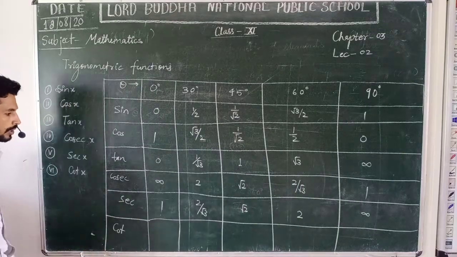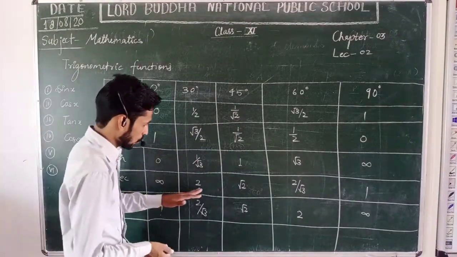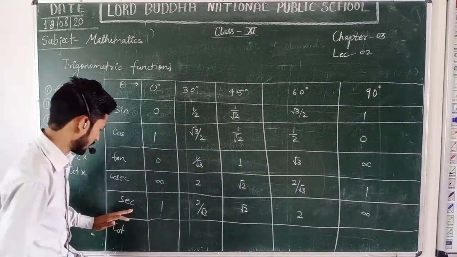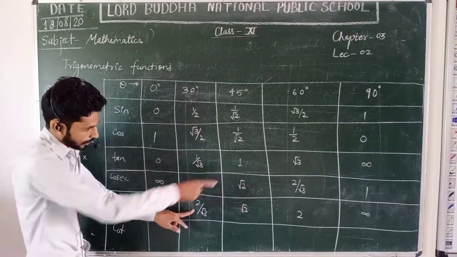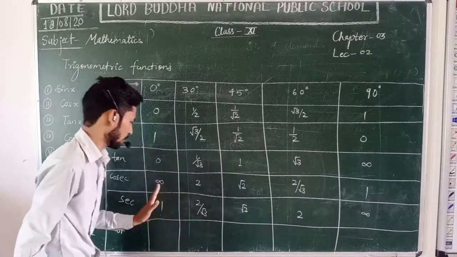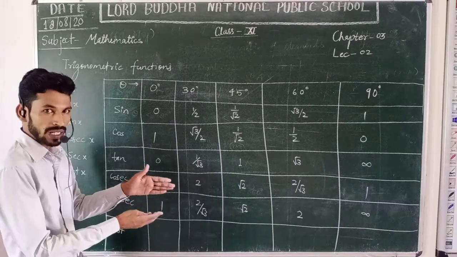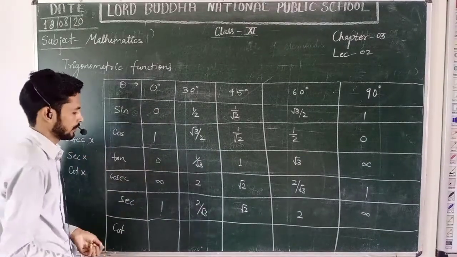Okay, so you can check here also cosec and sec. Here: infinity, 2, under root 2, 2 by root 3, and 1. But for sec: 1, 2 by root 3, under root 2, 2, and infinite. Okay, so there is a mutual relationship between cosec, sec and all the trigonometric ratios.